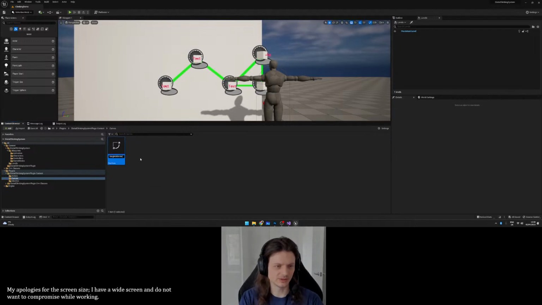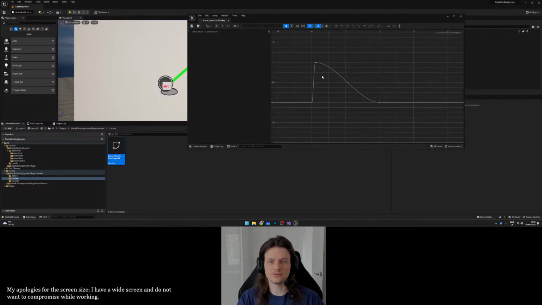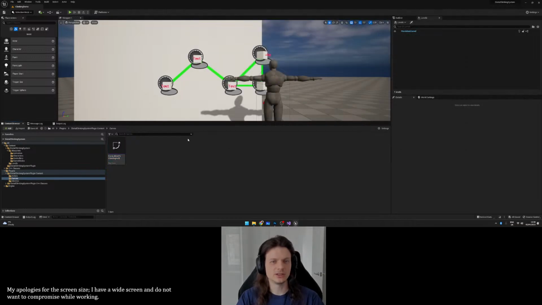Maybe you should call that something else actually. Move to climbing hold. And there's a curve for how the motion should go. Okay, that's good.